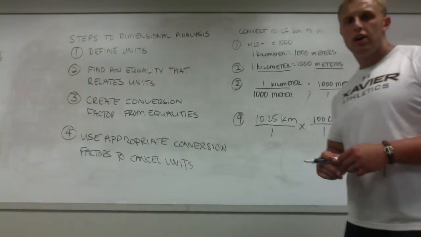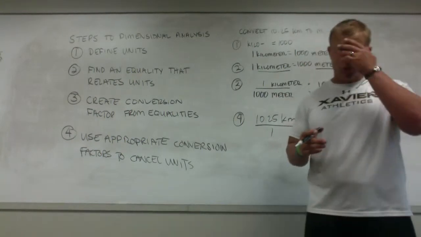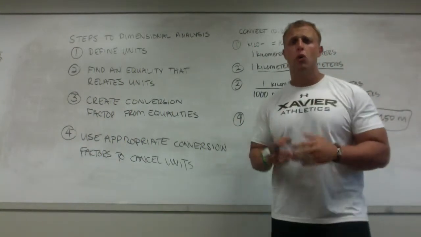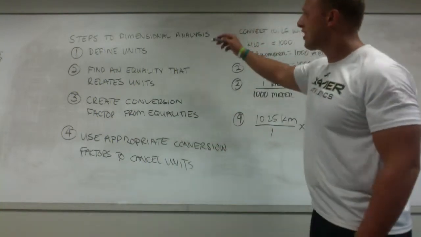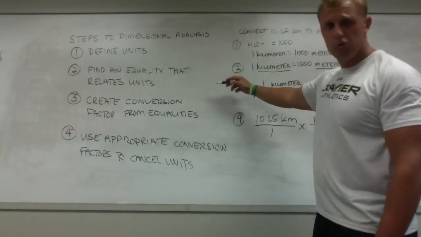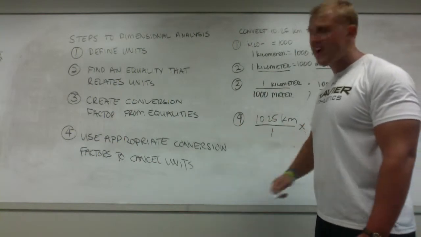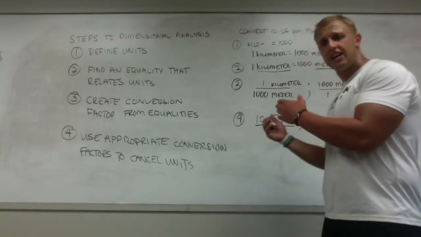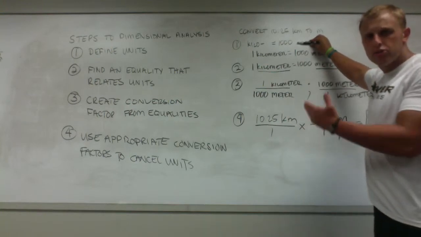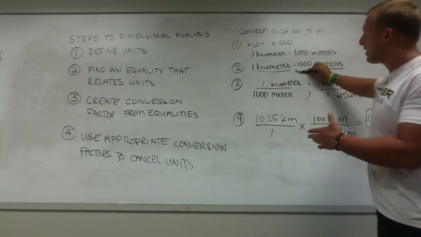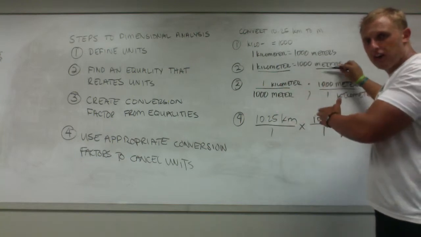All right, so this is the same basic premise that we're going to use every single time we do simple SI unit conversions. You're going to define the units, find an equality that relates the units, create conversion factors, and then use those appropriate conversion factors to cancel units. Here we said kilo in kilometers means 1,000. Then we created the equality, 1 kilometer equals 1,000 meters.